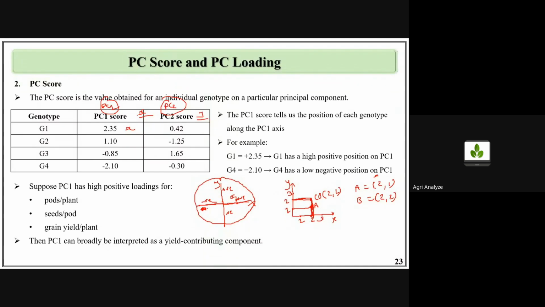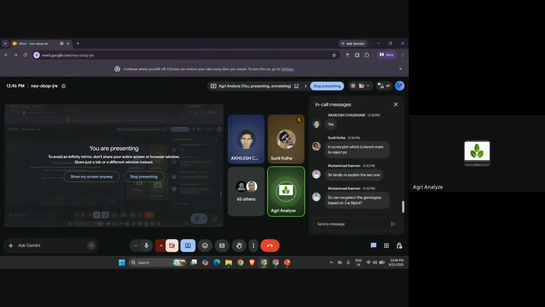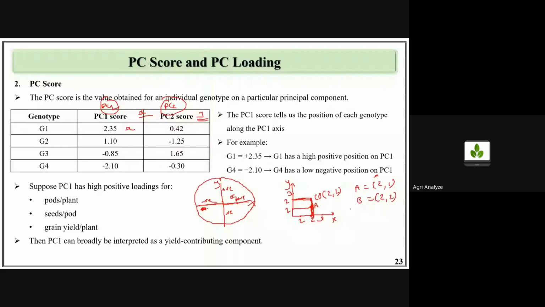Now you got it? Yes, you can select the genotypes based on your biplot. I explain in the interpretation part in the next slide how we select the genotype.